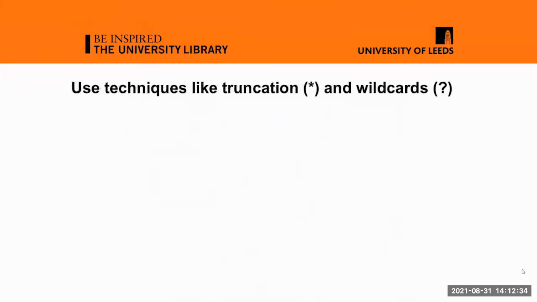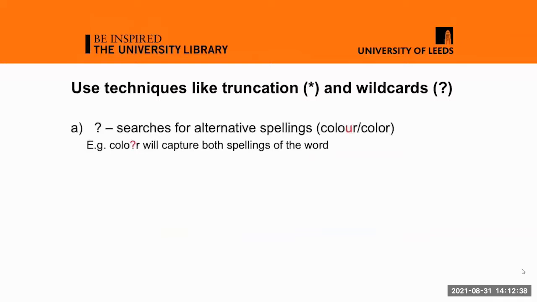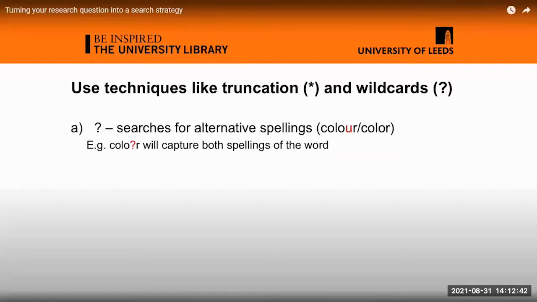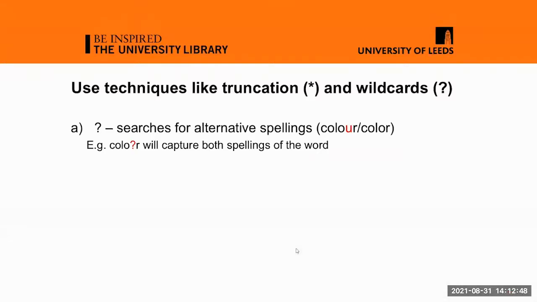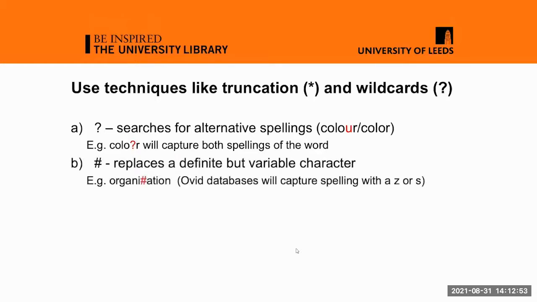To improve your search, you can use techniques such as truncation and wildcards. You can use the question mark to search for words which may or may not have a certain letter in them. For example, using the question mark in place of the U in colour allows us to search for the American spelling as well as the British one. The hash symbol replaces a definite but variable character.